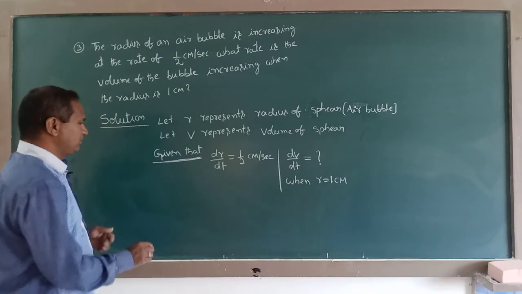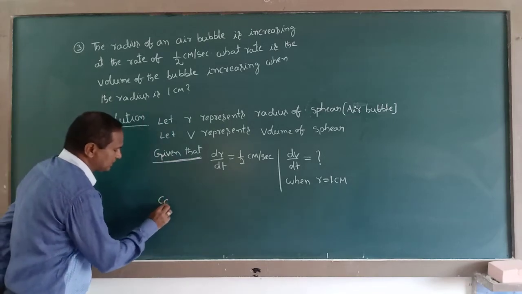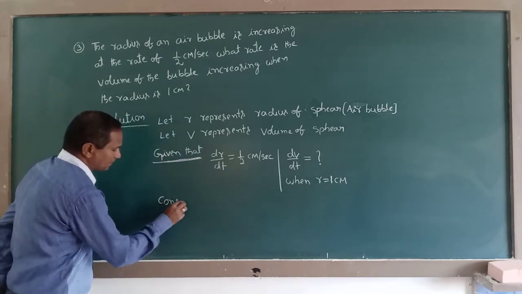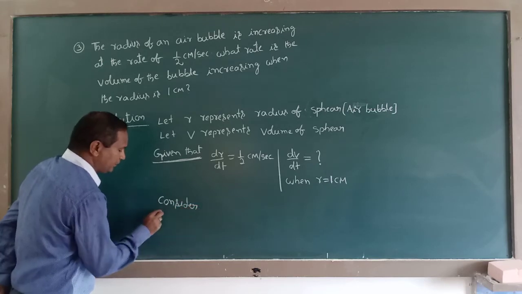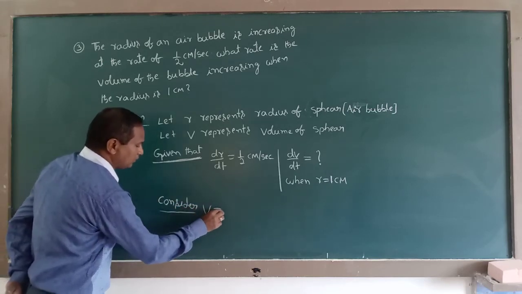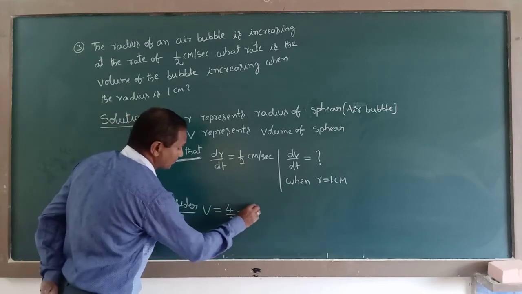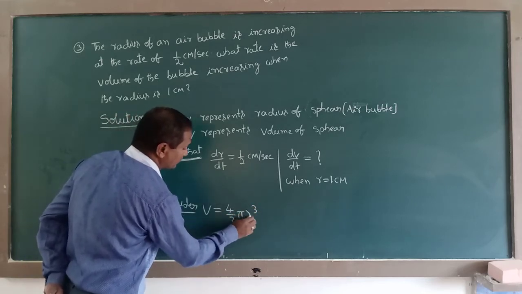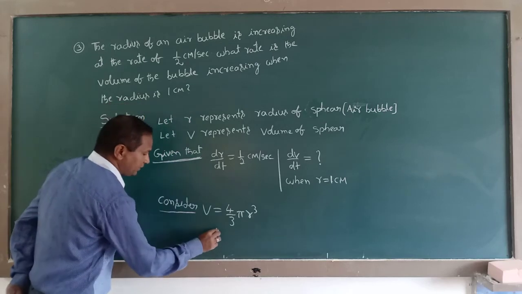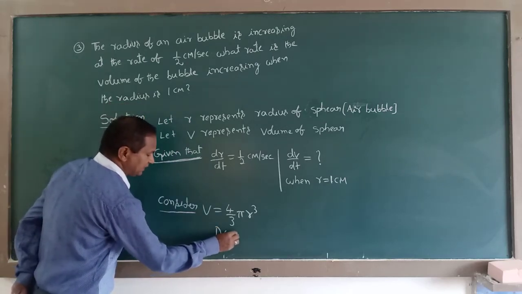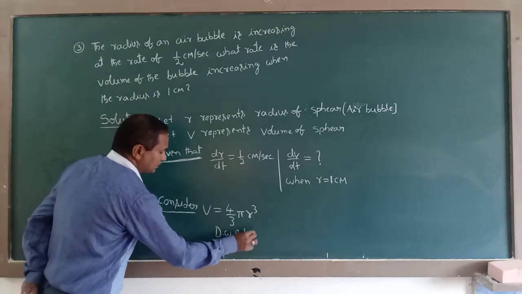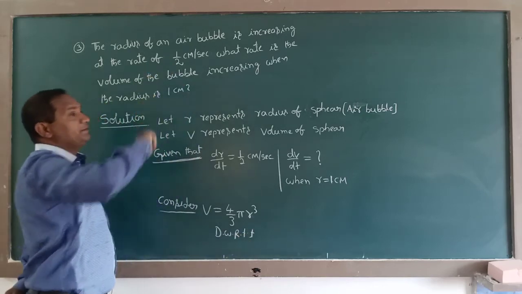Now consider V is equal to the formula 4/3 pi r cube. Differentiate with respect to t, because they gave centimeter per second.